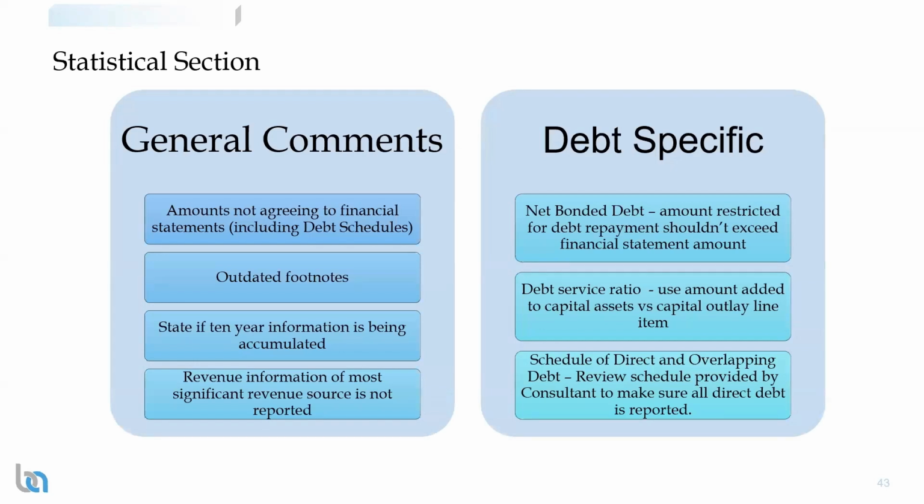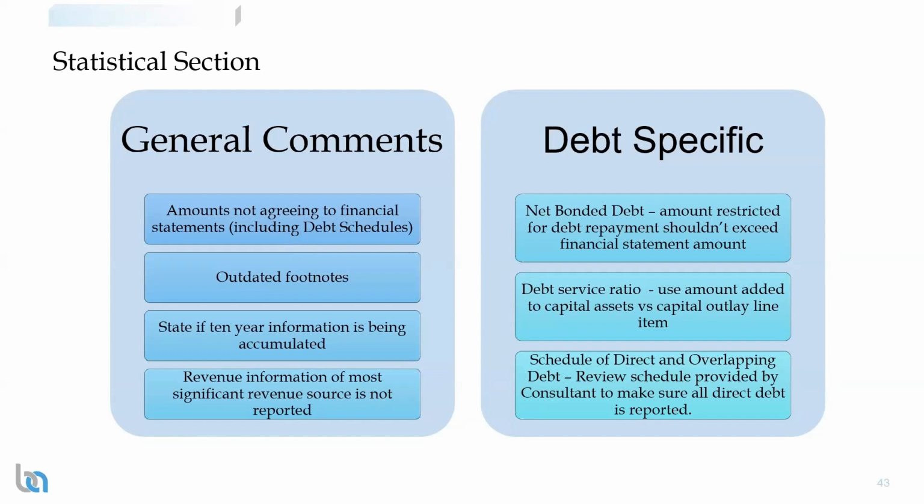And then just some general comments on the statistical section. Similarly, amounts not agreeing to financial statements, including debt, for example, outdated footnotes. You may have footnotes in there discussing something that happened back in 2009, or GASB 54 was implemented in 2012.